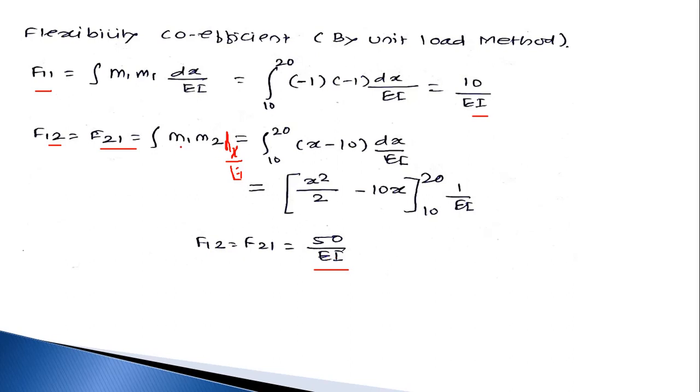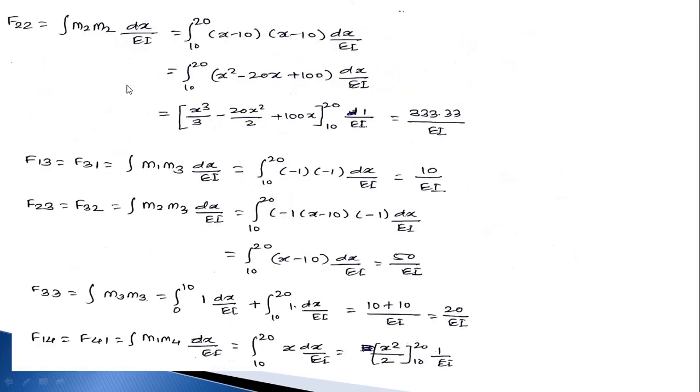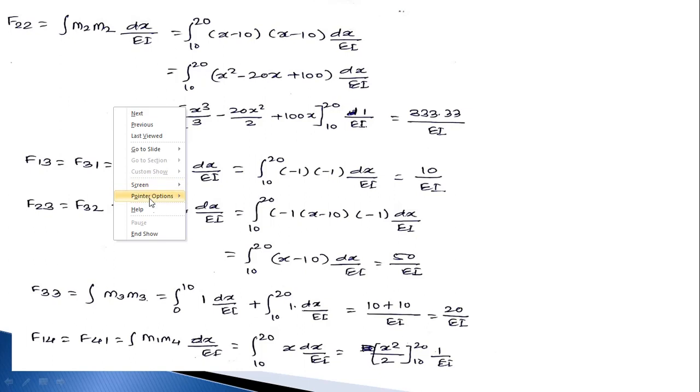So simply this is multiplying. If I want to calculate F12, you just multiply M1 into M2. If I want to calculate F11, you just multiply M1 into M1 dx upon EI. Similarly, I want to calculate F22. So F22 becomes the integration of M2 into M2 dx upon EI.